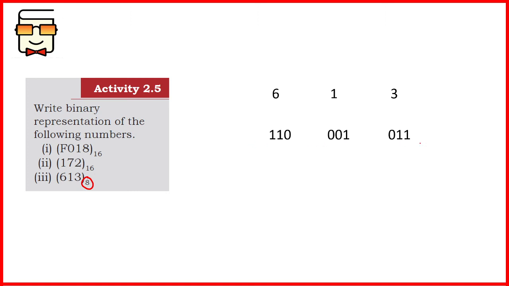For the 8 unique characters present in the octal number system, we only require 3 places, so we only use 3 digits for each octal digit. Combining all these, we get the final answer as 110 001 011.